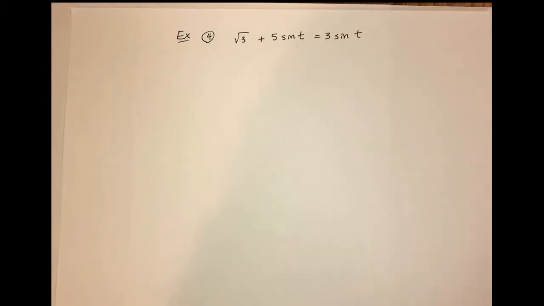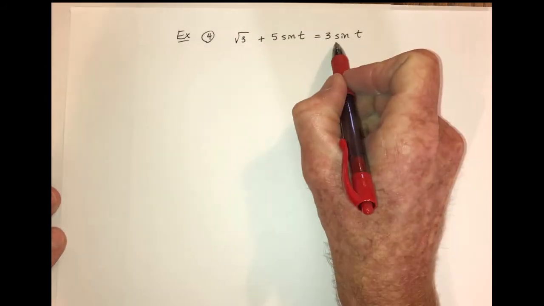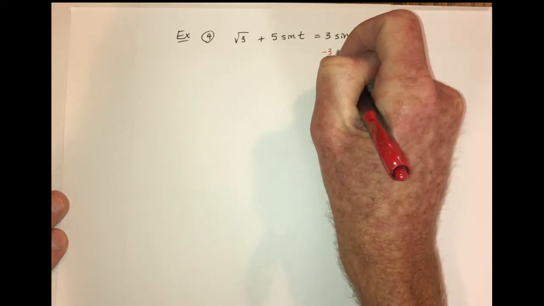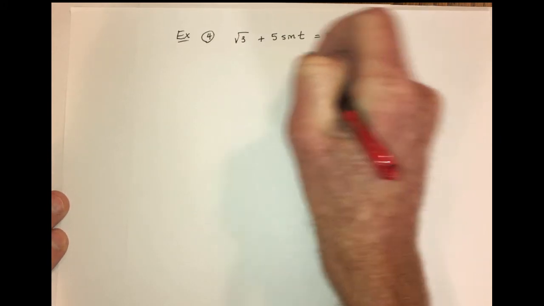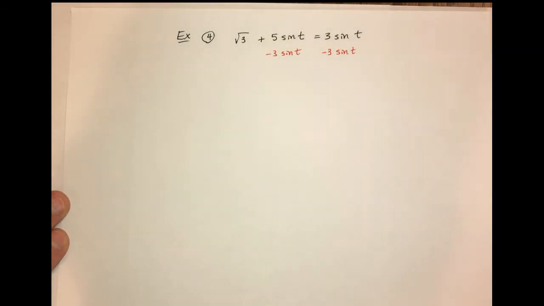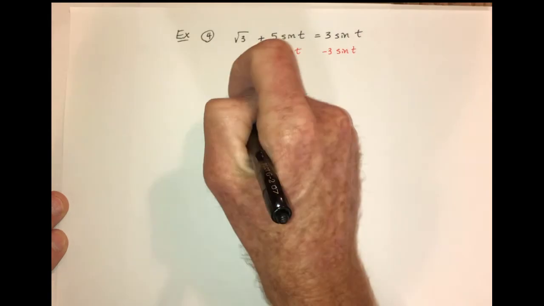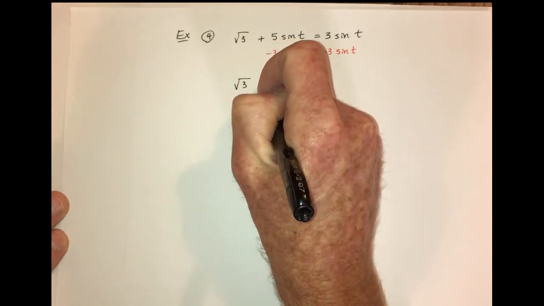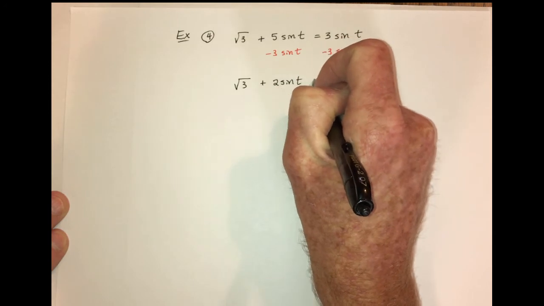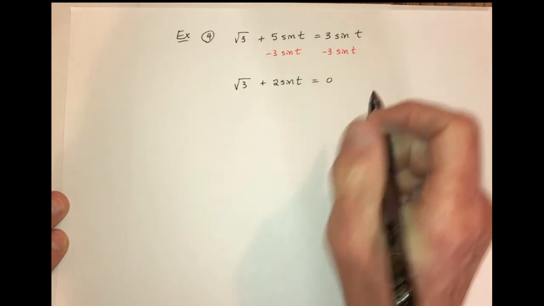So we need to collect all the sines together. I'll collect them on the left side. So subtract 3 sine of t from both sides. So that leaves 2 sine of t. And now it's equal to 0.